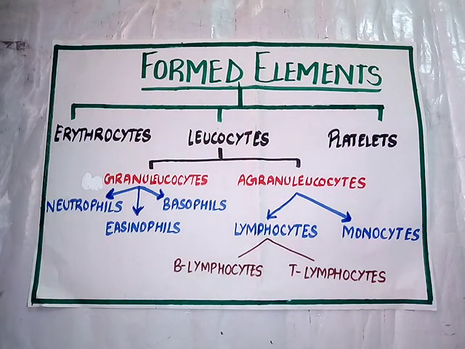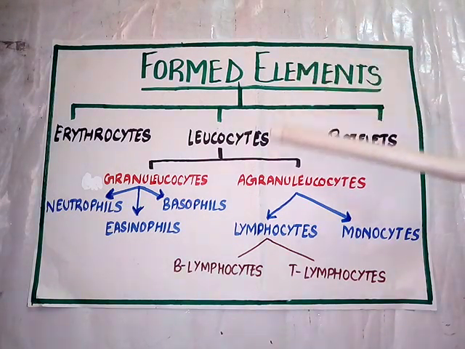Hemoglobin combines with gases in blood and hence plays a very significant role in the transportation of respiratory gases. A healthy individual has 12 to 16 grams of hemoglobin in every 100 milliliters of blood. If hemoglobin is lesser than that, then the disease is called anemia and the person is said to be anemic.